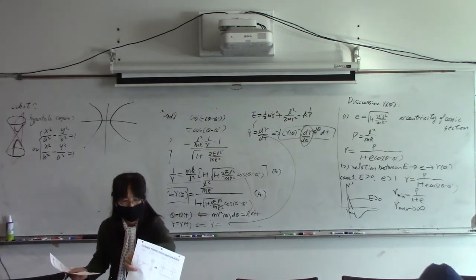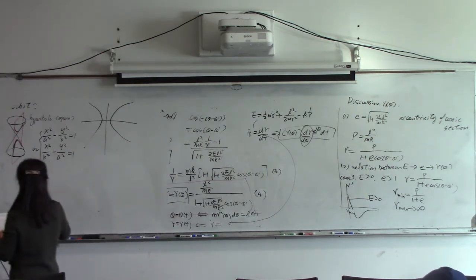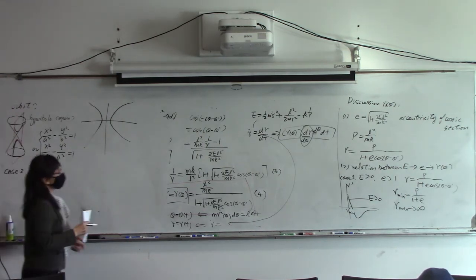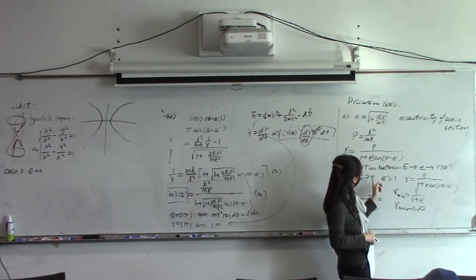So that is the first case. Now case 2: n is equal to 0. So we need to see the condition, the relation. If n is positive, e is larger than 1.